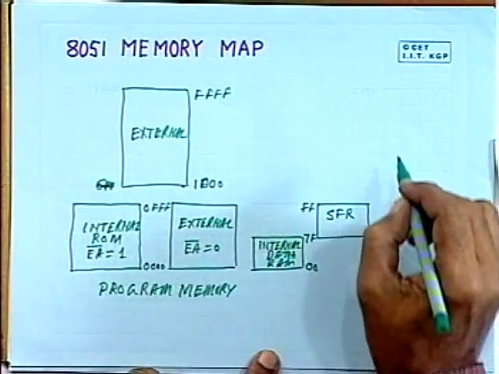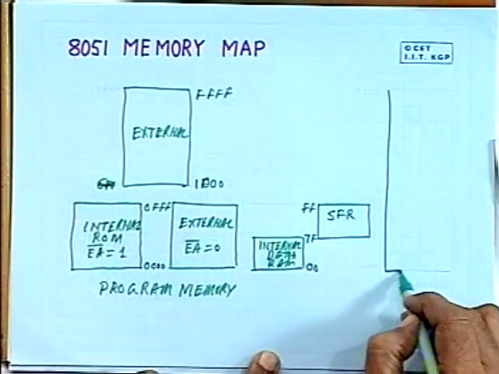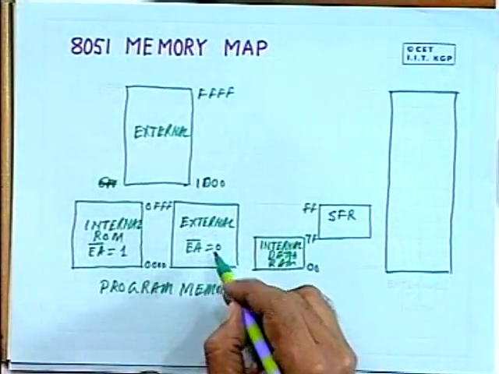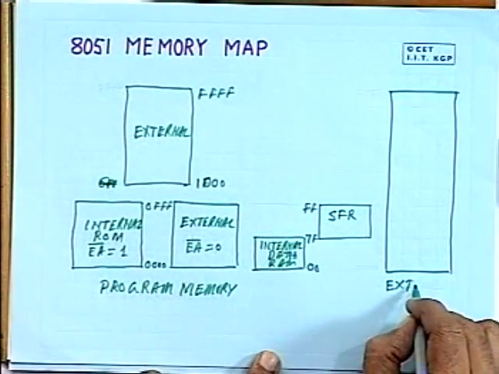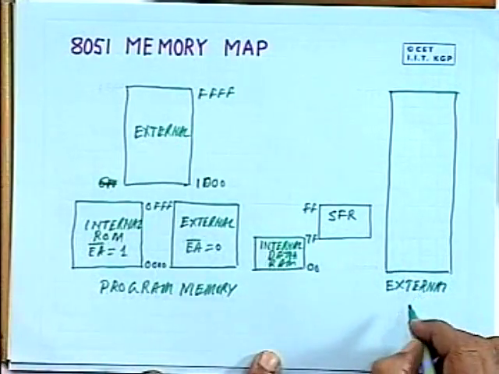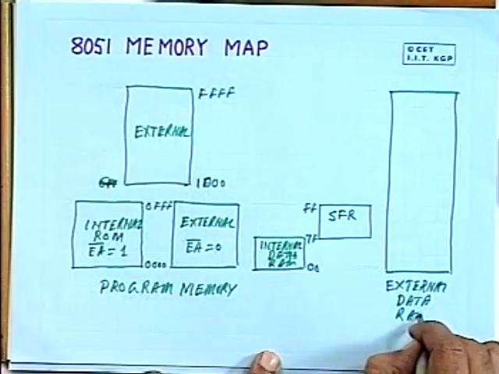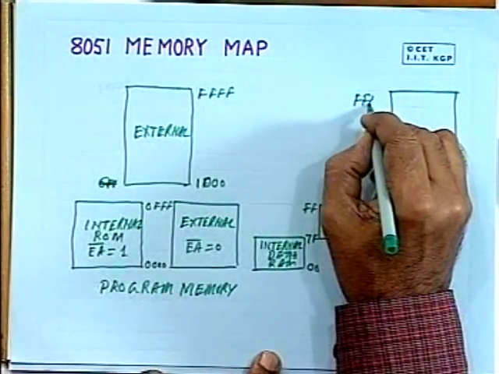However, whenever you are using external RAM, that is also allowed. Whenever you have got that EA pin connected to 0, in such a case you have got external RAM, external data RAM, which is from 0000 to FFFF.